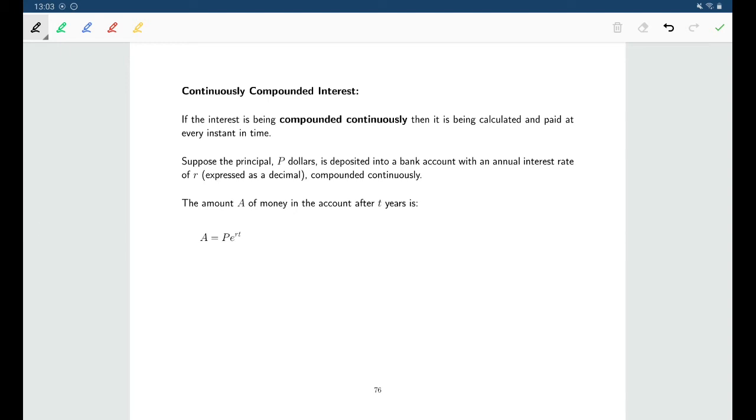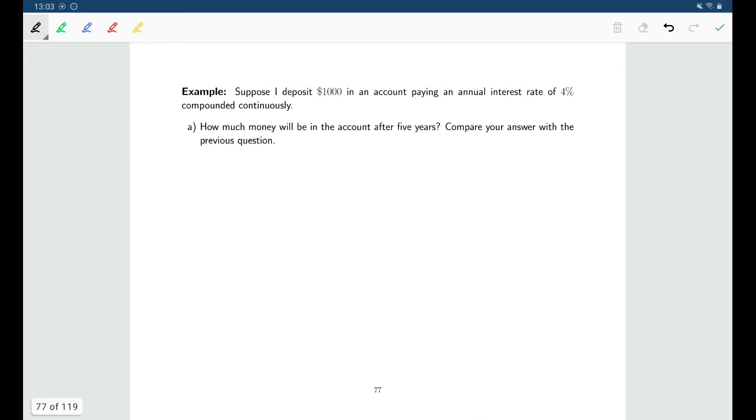So, for example, if we're looking at the same problem that we started with, $1,000 at 4%, if the interest is being compounded continuously, so we have a principal of $1,000, we have an interest rate of 4%, and the time is 5, we know that A equals P e to the RT.